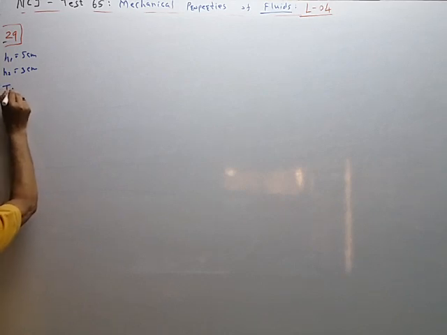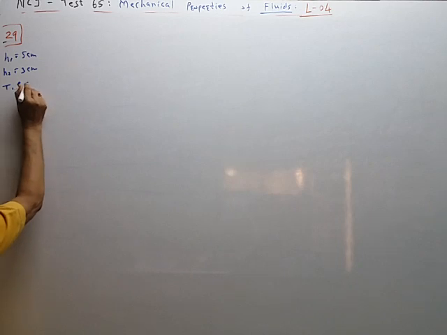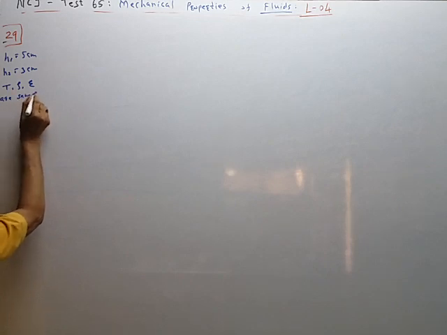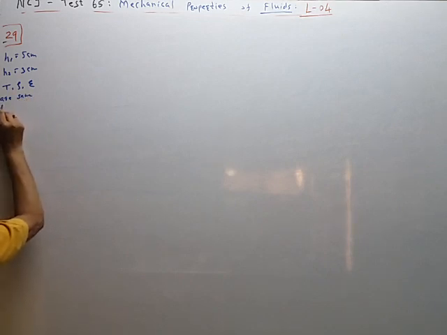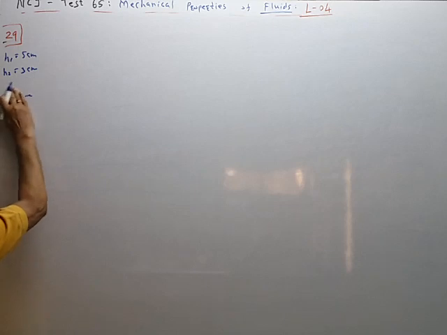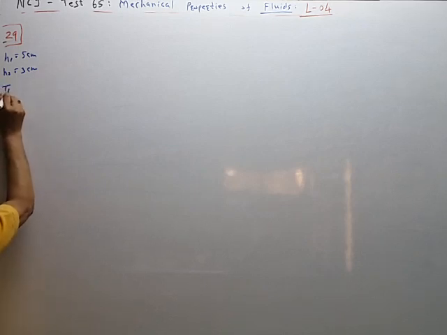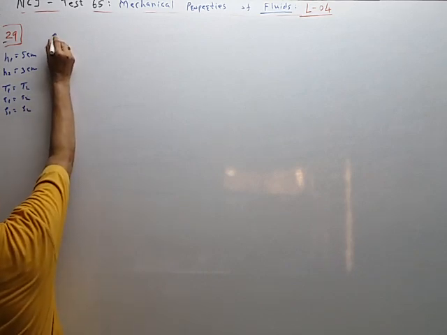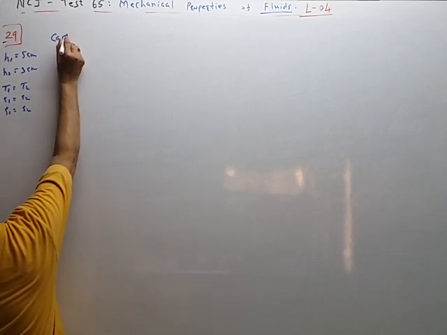T, rho, R are the same, or you can say surface tension T1 is equal to T2, radius of capillary tube R1 is equal to R2, density rho1 is equal to rho2.